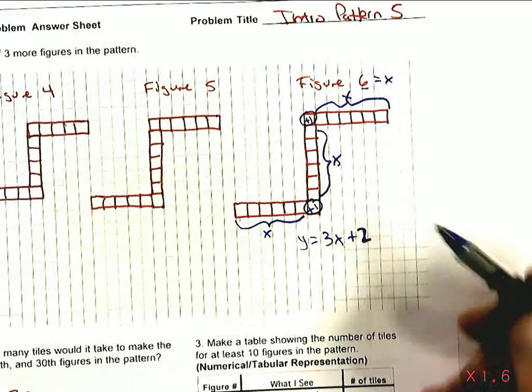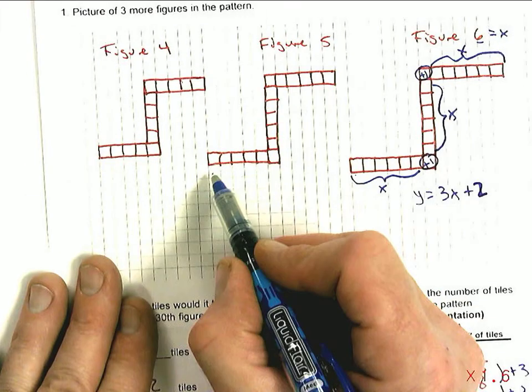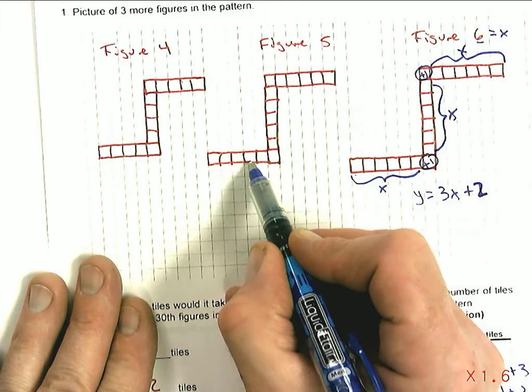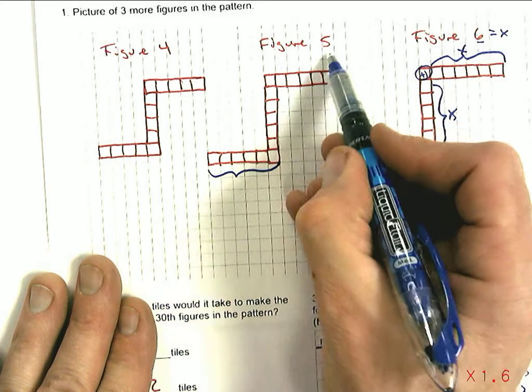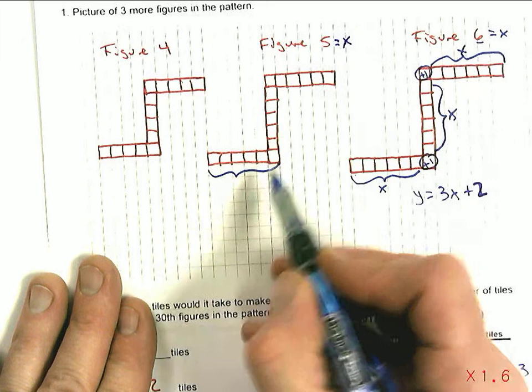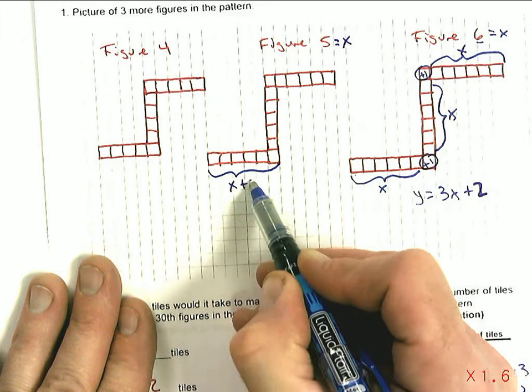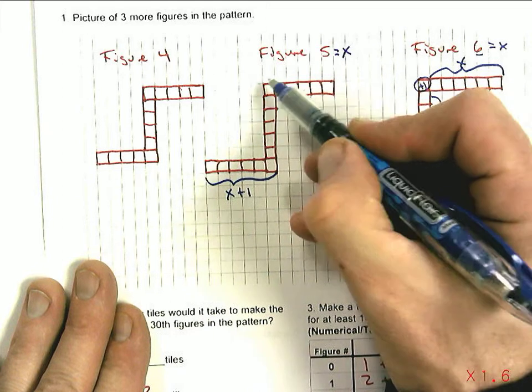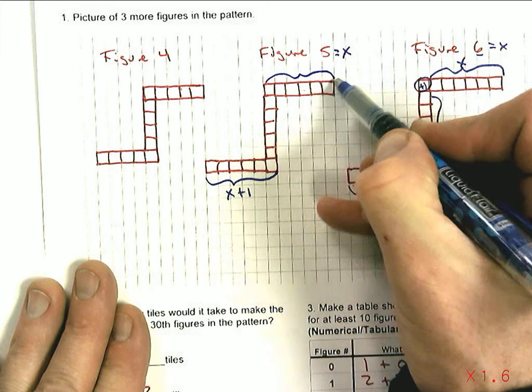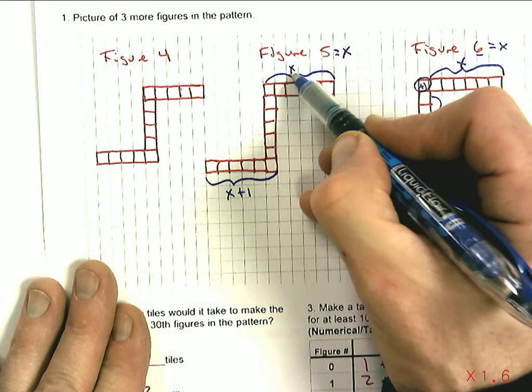And really, if I think about what I see, well, let's see, what do I see? Right here, I see 1, 2, 3, 4, 5, 6. Think of it this way. My figure number is 5, so that is x plus 1. And right here, I see 1, 2, 3, 4, 5, 6. How does that relate to the figure number? It's one more than the figure number.